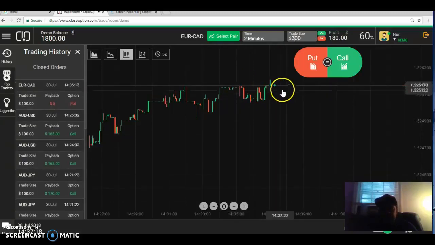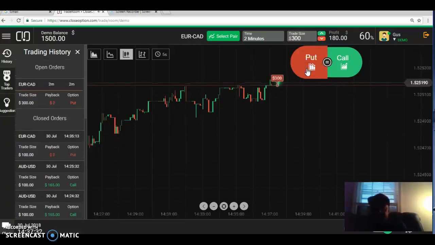What I'm going to do is double up on the trade, so that way I recover. Actually, I'm putting $300 into the next trade. Basically why I did that is in order to recover that initial $100 loss on the previous trade.